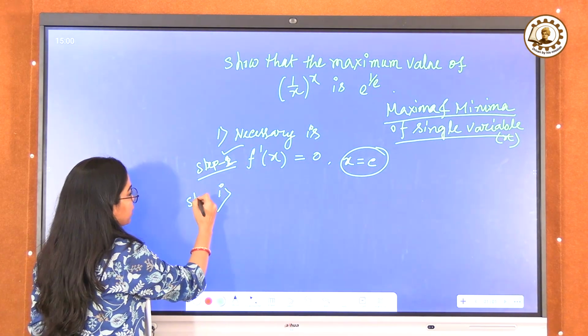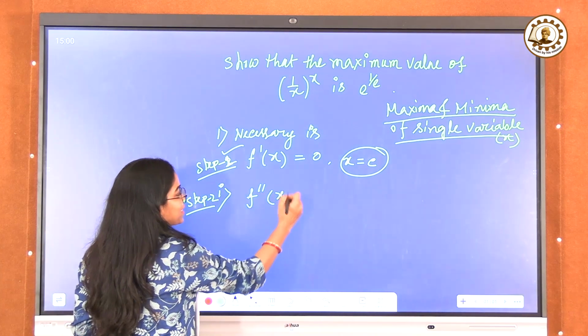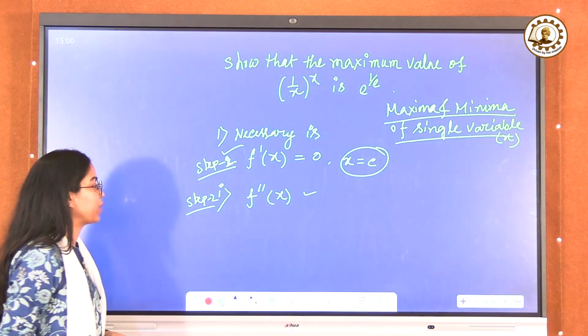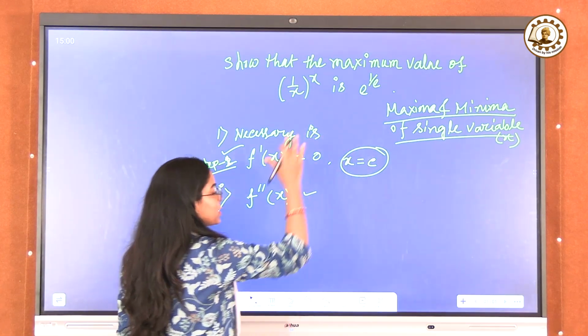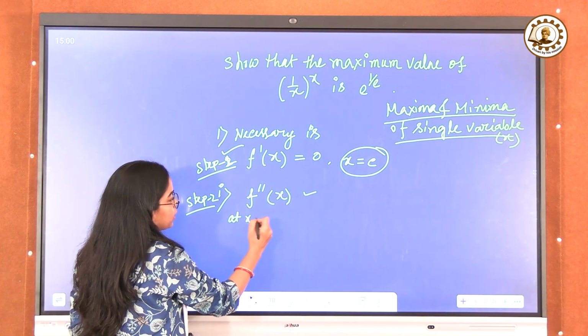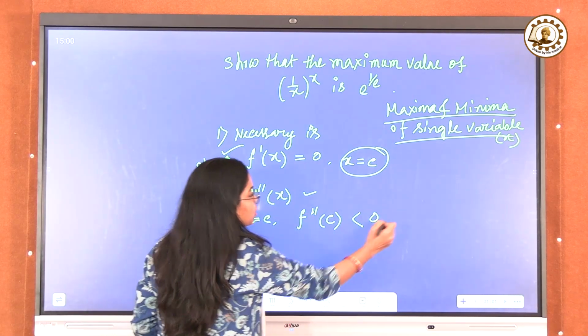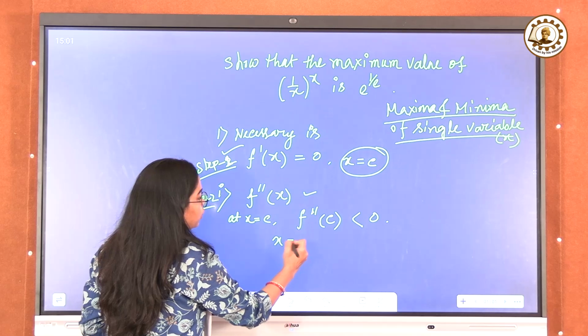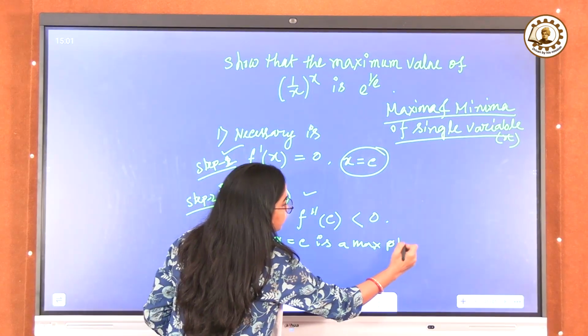Then the second step is step 2. We again find the second order derivative of our function, f''(x), at x = c. Suppose the value of x is c. At x = c, if we find f''(c) is less than 0, then x = c is a maximum point.